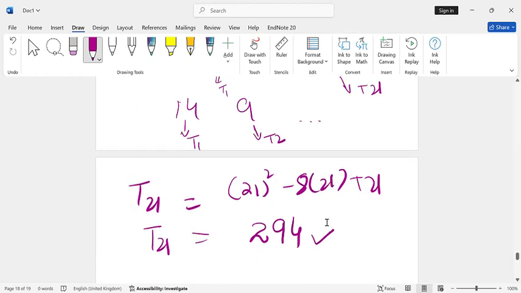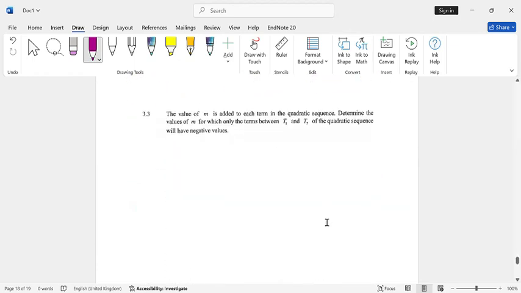So move to the next question. We have the next question, 3.3. The value of m is added to each term in the quadratic sequence. Determine the values of m for which only the terms between T1 and T7 of the quadratic sequence will have negative values, okay? So we have to find out between T1 and T7.